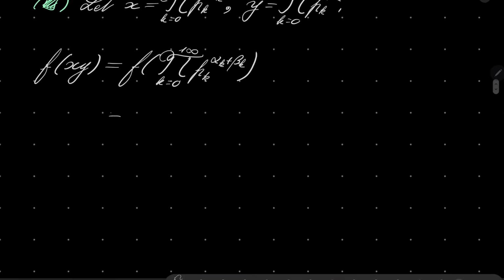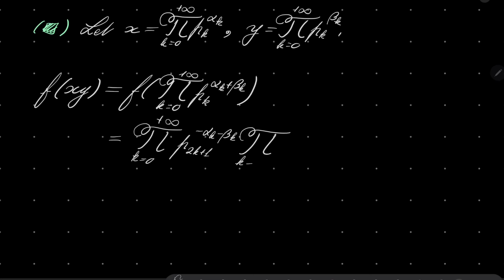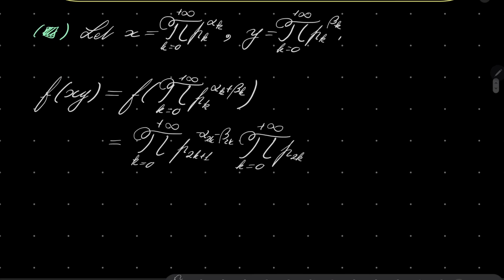Now using the definition of our function, this product becomes the following. Primes with even indices are mapped to primes with the next index, but with negative exponent, and primes with odd indices are mapped to the previous primes. The exponent here is wrong: it should be minus alpha 2k minus beta 2k, just as in our definition. And here we have alpha 2k plus 1 plus beta 2k plus 1.